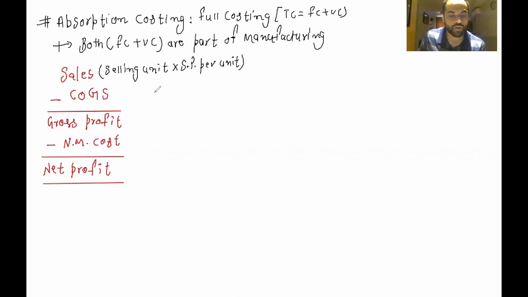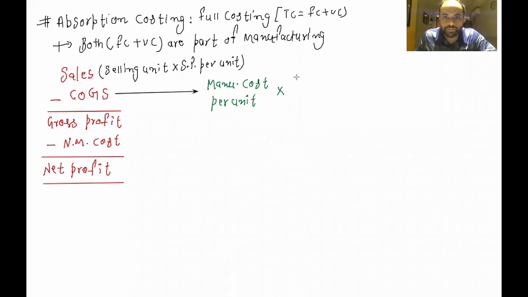So here is cost of goods sold: manufacturing cost per unit, all right, multiplied by this. So what is this?